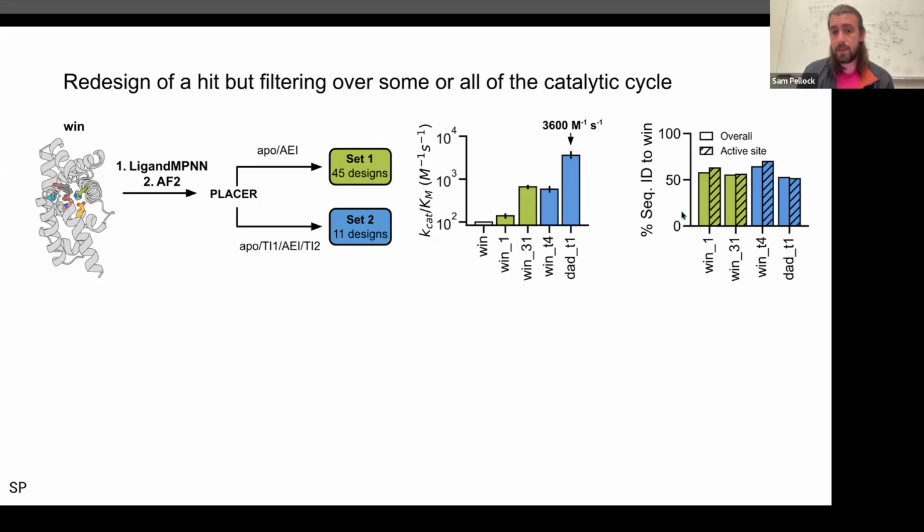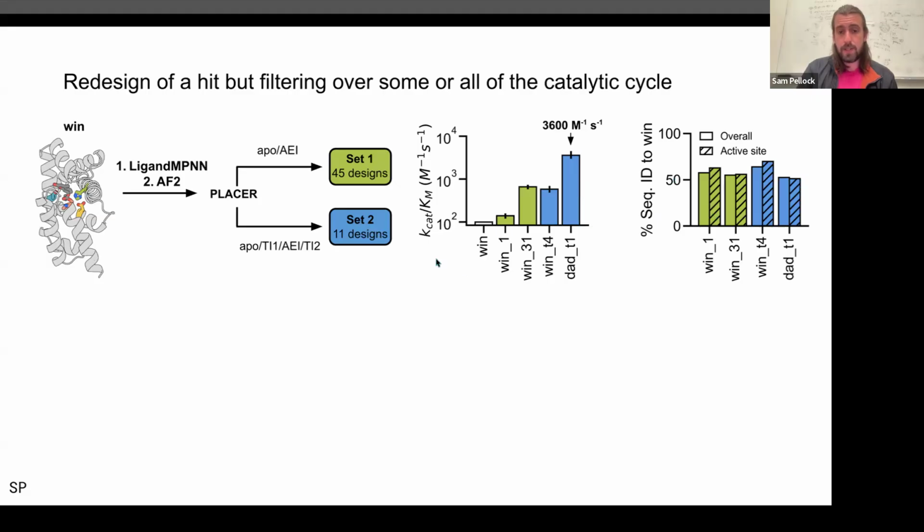One of the nice things about this too is that the sequence identity to the parent design is quite low, so we can do quite a bit of sequence redesign and still maintain activity, which is often not the case for many enzymes. So we were happy to see that.